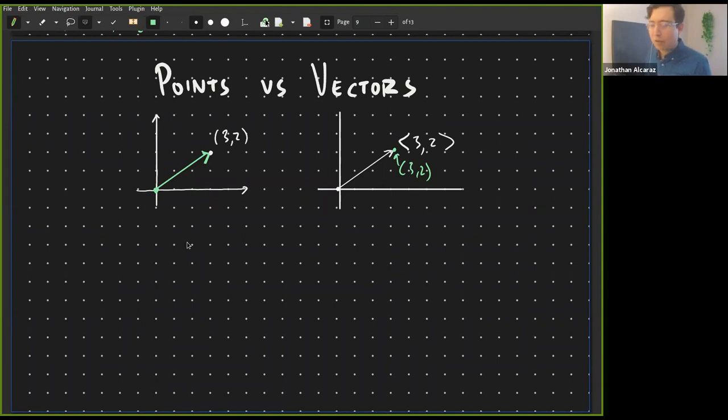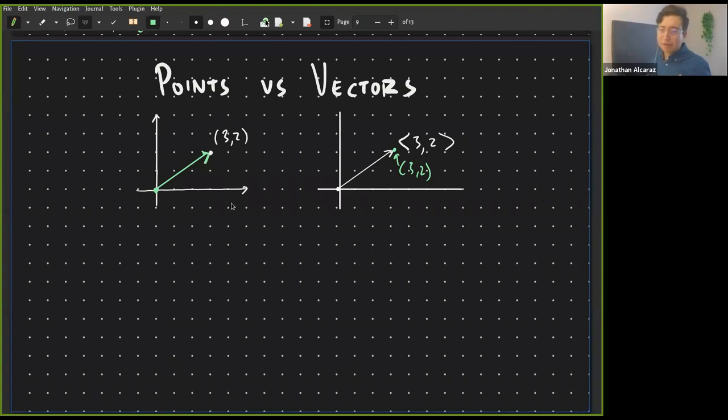A couple of good questions are coming in. Someone's saying, is a point just a zero vector? So this is the confusing part. You should think of vectors as being based at the origin. So then a point in space is the vector going from the origin to that point.